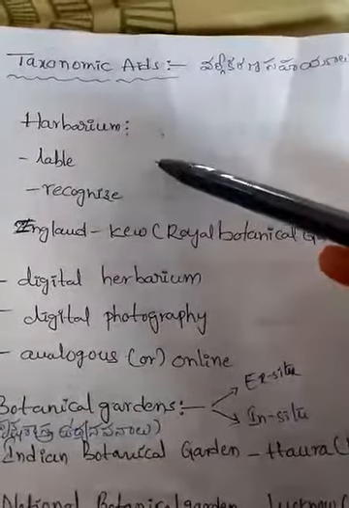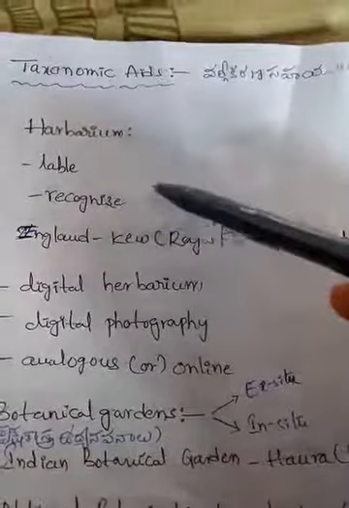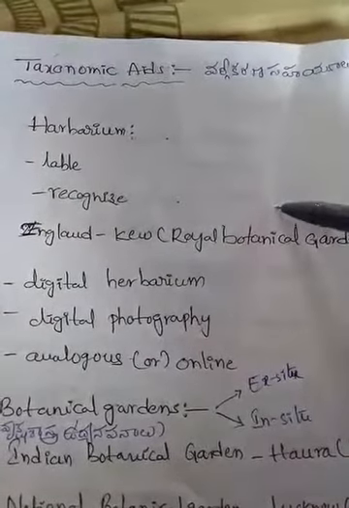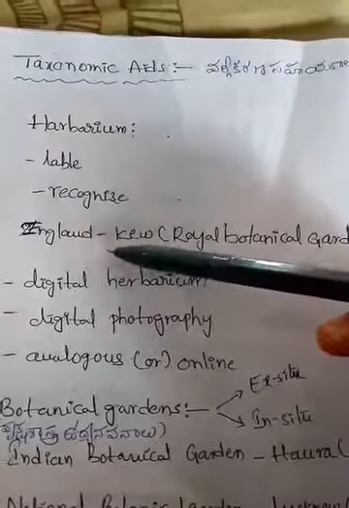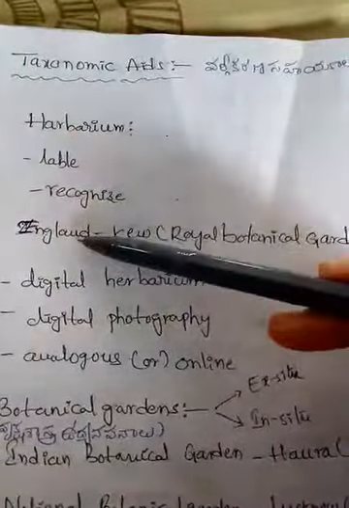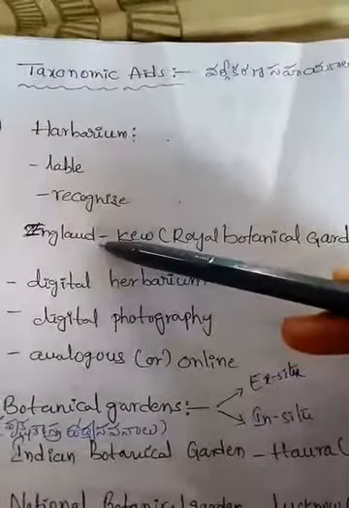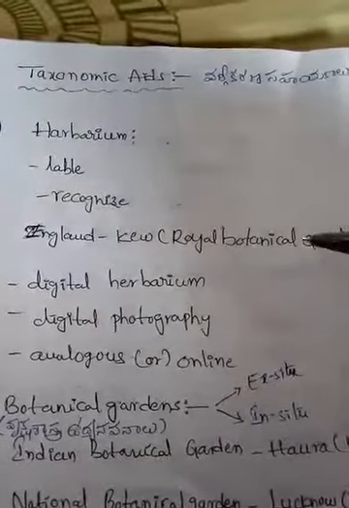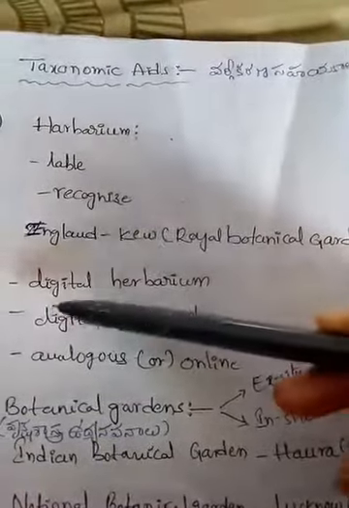In the herbarium, the plants are arranged by evolutionary arrangement. The largest herbarium is located in England at Kew, the Royal Botanical Garden.